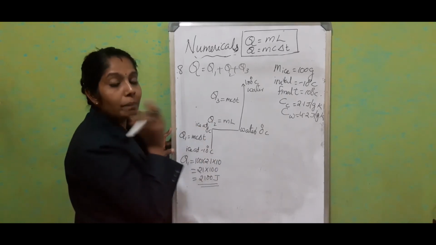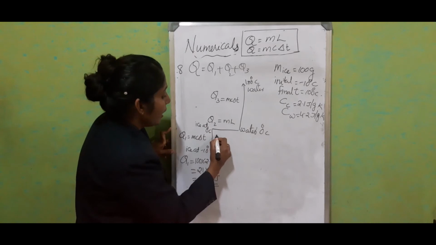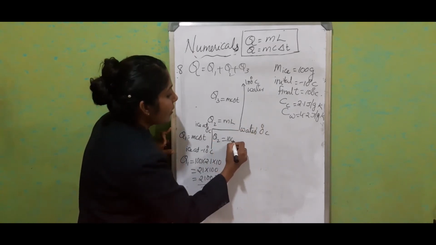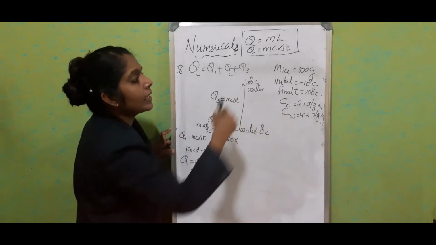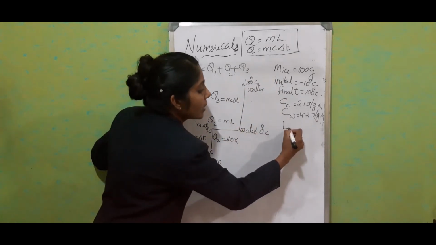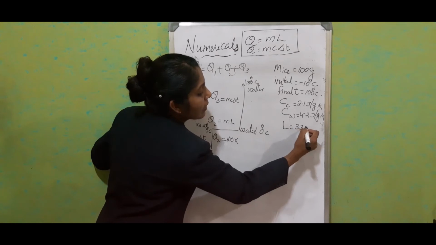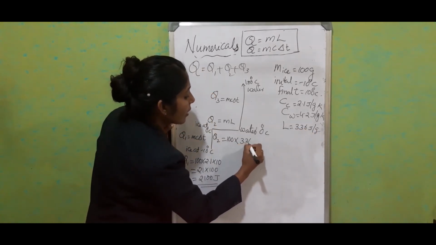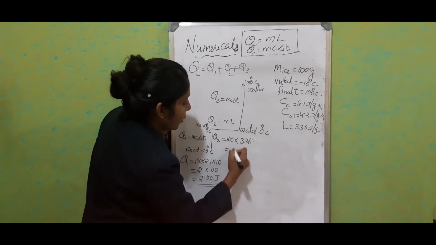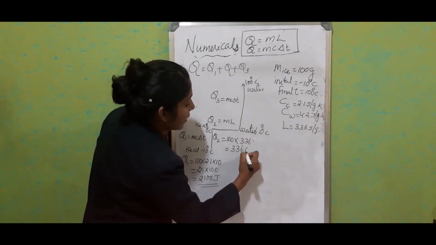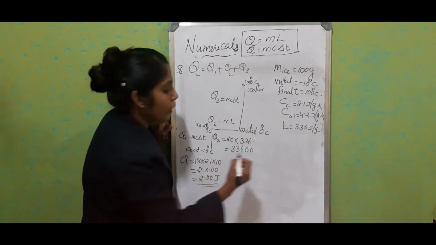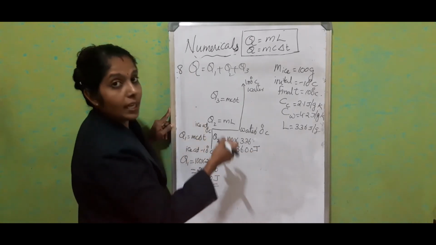Now we'll find out how much energy is needed here. So Q2 is equal to mass 100 into L. Everything is given in terms of gram, so we can take L as 336 joule per gram. So 100 into 336 is equal to 33,600 joule. Okay, so this is the second part.